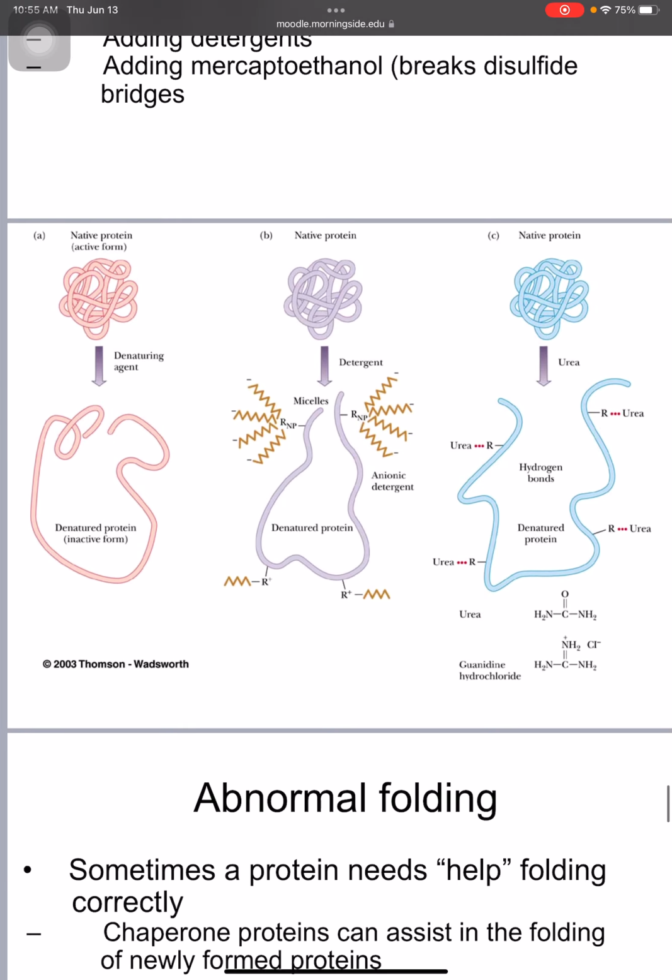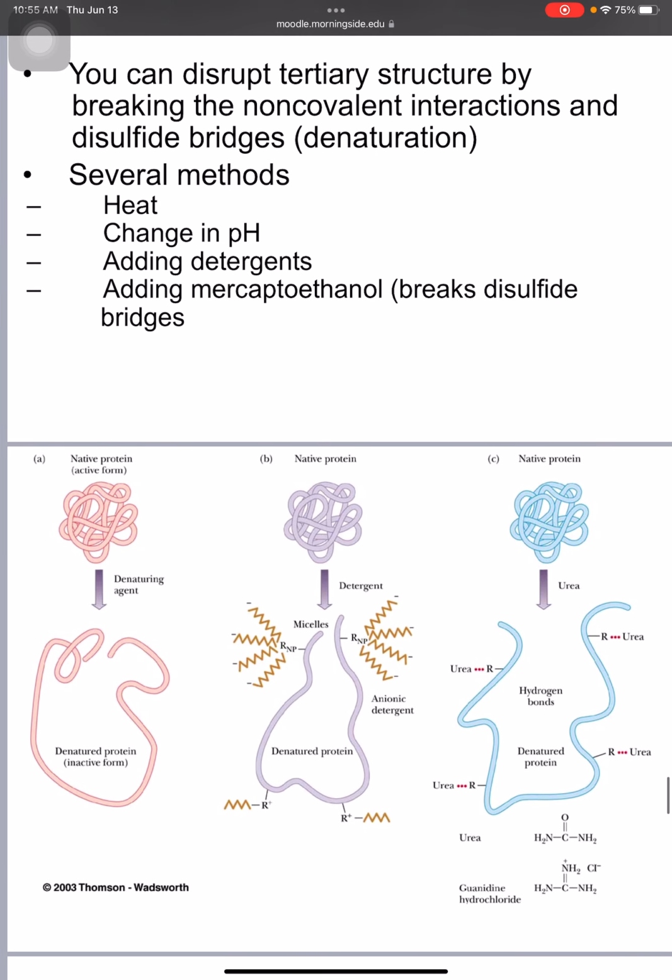Some of these are reversible and some of them aren't. For example, if you denature a protein by changing pH, let's say by making it more acidic, in a lot of cases you could reverse that by just bringing the pH back up to the original level, and those original interactions would reform.